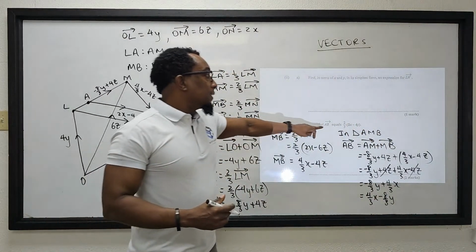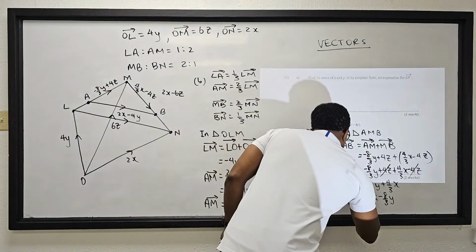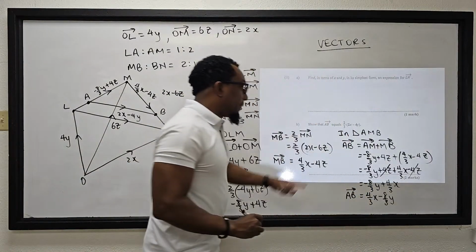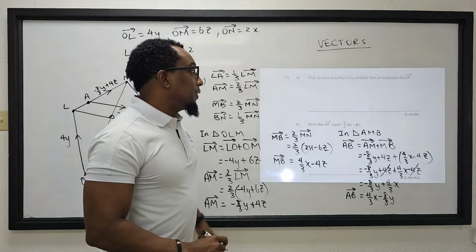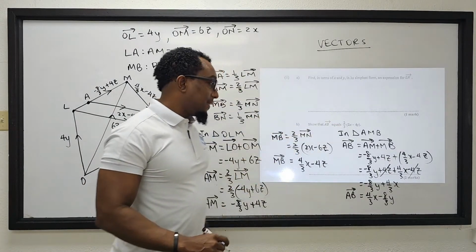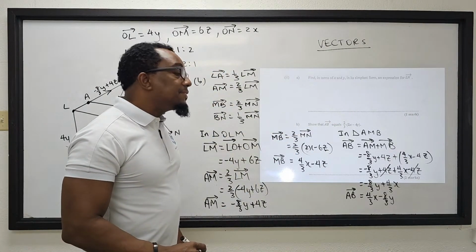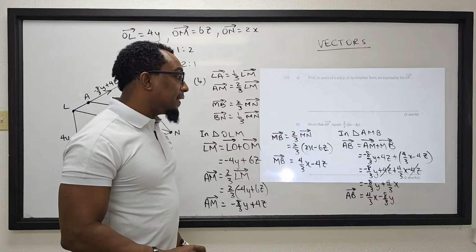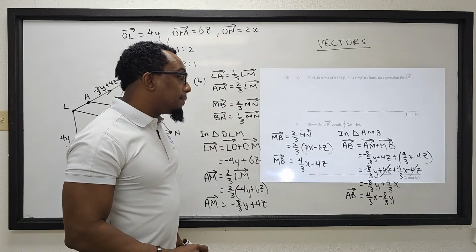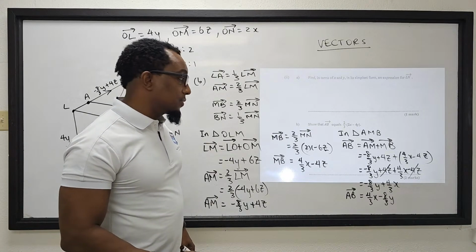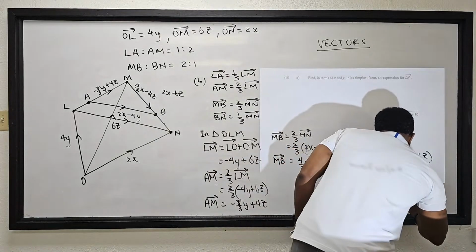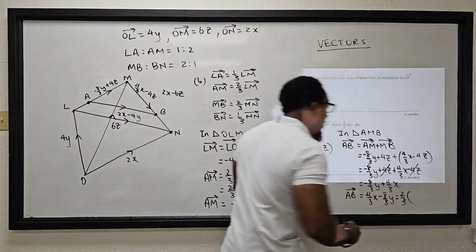But remember, I wanted it in this form, this is what AB is equal to. But 4 over 3x minus 8 over 3y can be written in this form by factorizing. I can factorize by taking out 2/3 as my common factor.